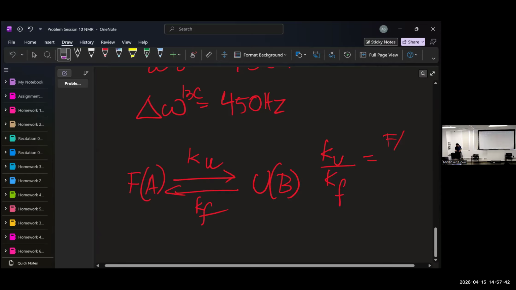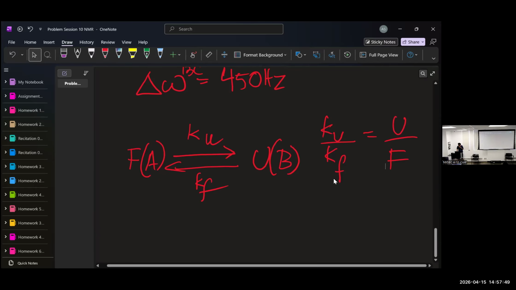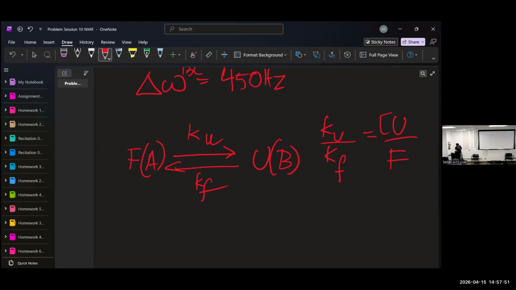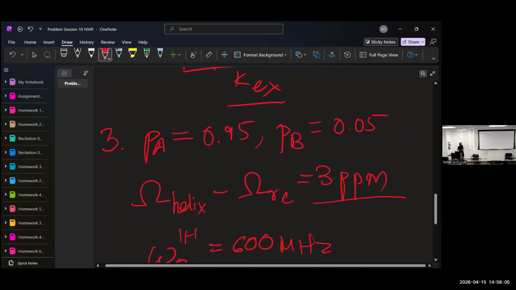This is U over F. What is that ratio? These numbers: A is 0.95, the folded state, and B is the unfolded state.